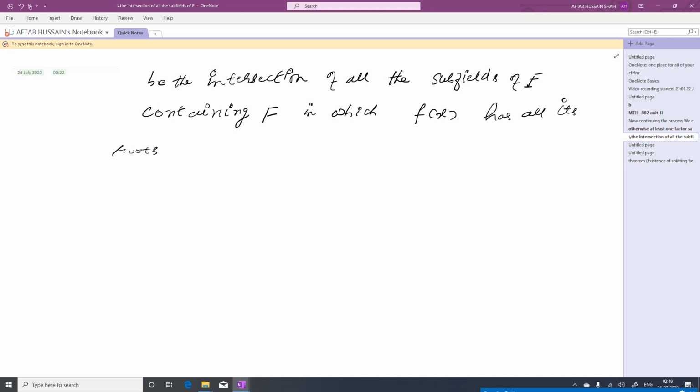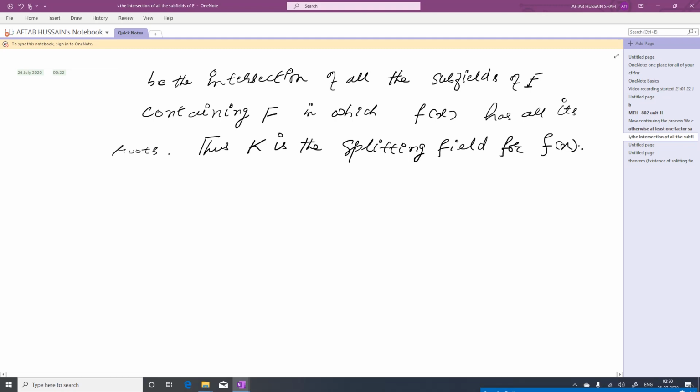Then clearly, this K being the intersection would be the smallest extension. So thus K is the splitting field for this polynomial.